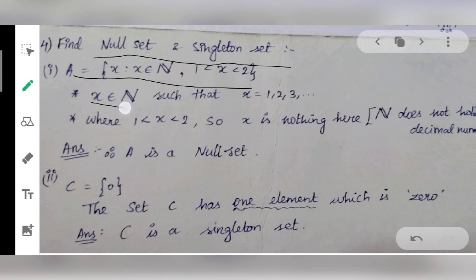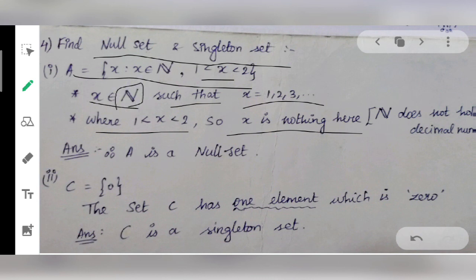Where this condition is holding, x has nothing here because in between we only have decimal values, and we are given the condition to take natural numbers, so decimal values cannot hold. Therefore x has no values, so this set is called a null set. So this is your answer.